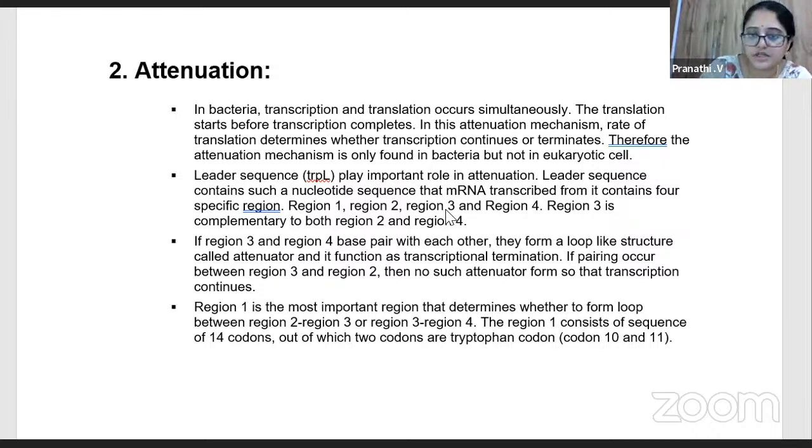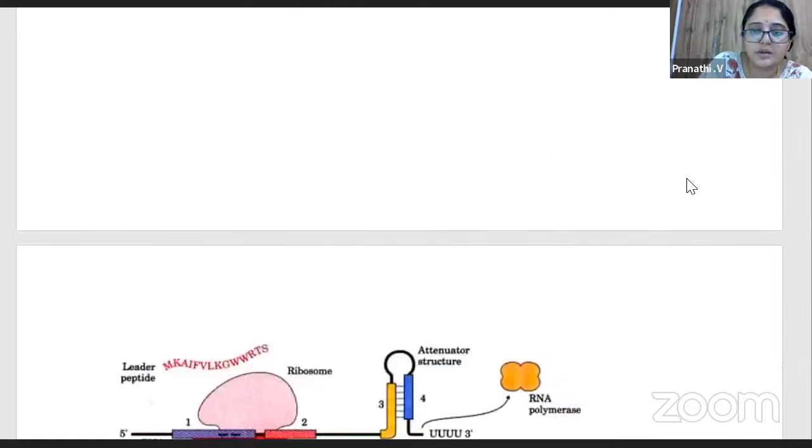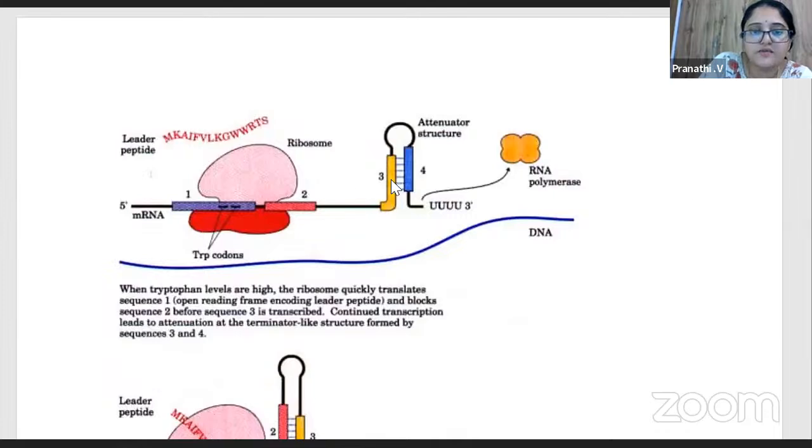This causes transcriptional termination. If there is 2 and 3 pairing, then no attenuation takes place, because of which the transcription continues. So this is how the tryptophan operon works. 3-4 formation causes attenuation.